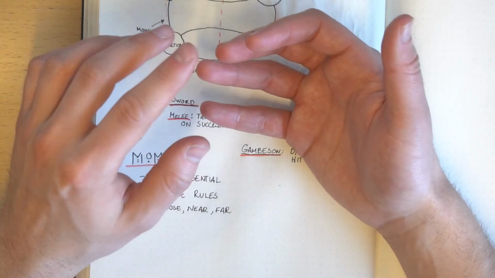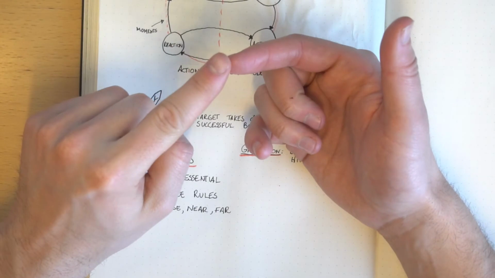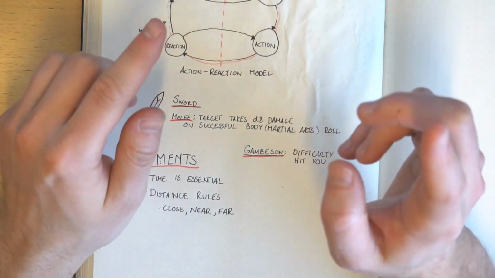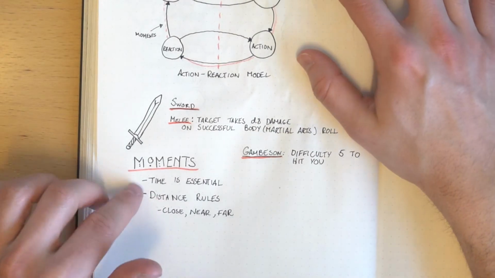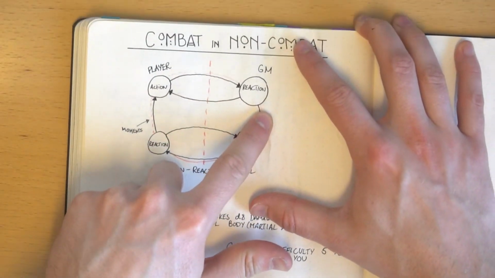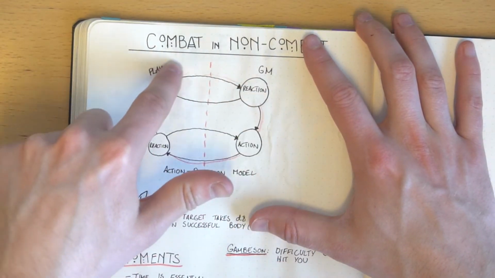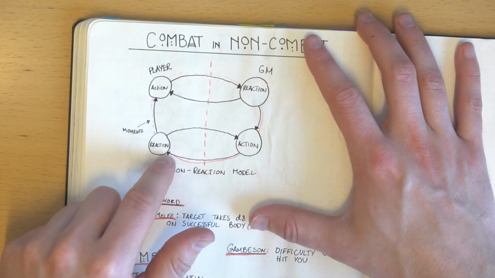I want to run far away, okay, but you can move near that object, and you can move to that alley because it's close to you, and so on. And then that makes this part of the moment-to-moment decision making important.